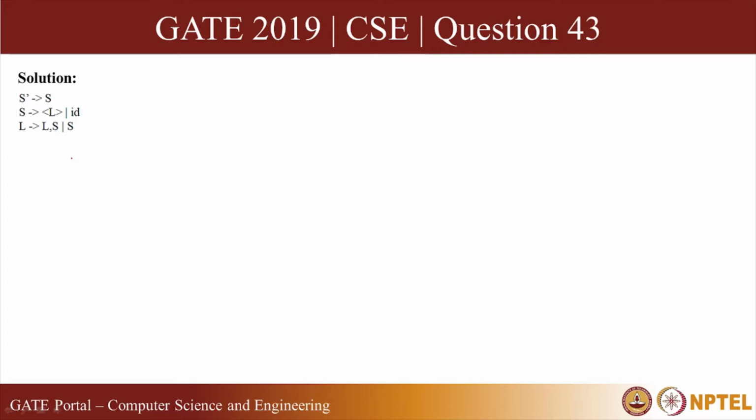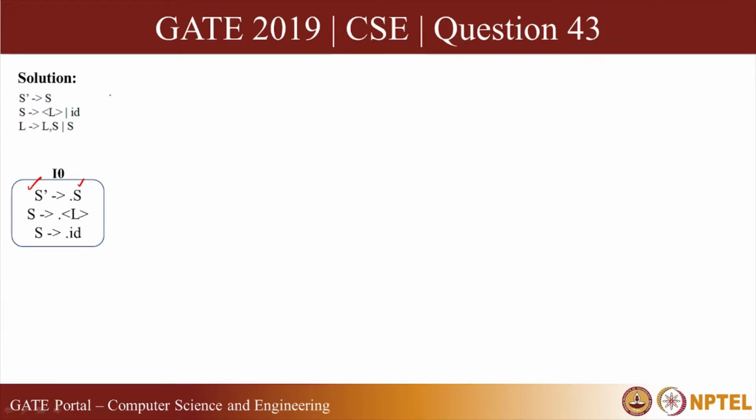Firstly, this dot. They are telling that I0 is the closure of S bar goes to dot S. It means that we are starting the parsing of the string. Our whole string will be derived by this S, right?